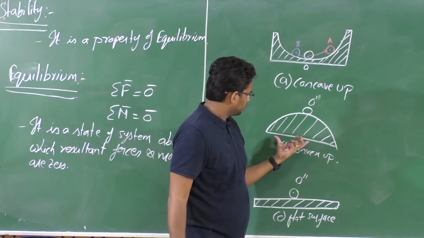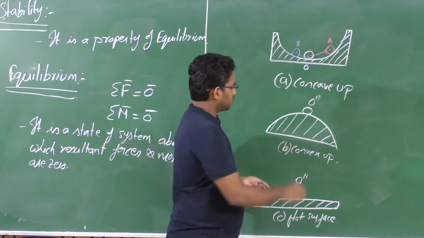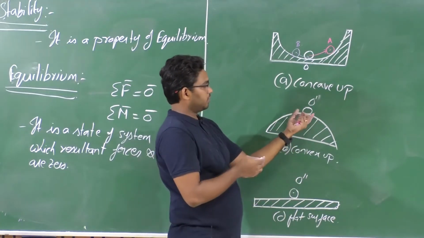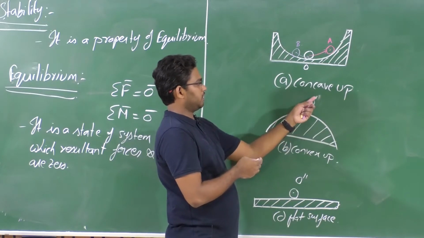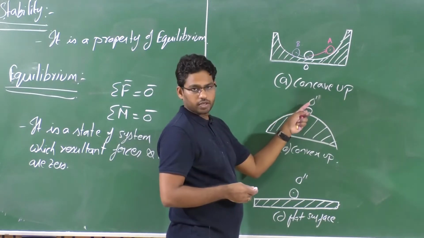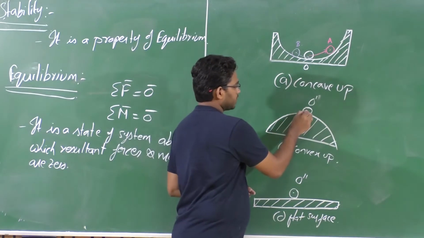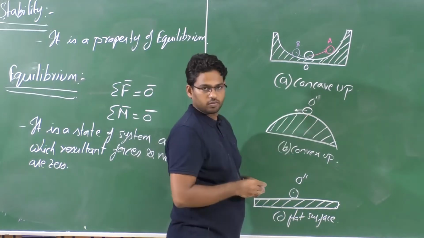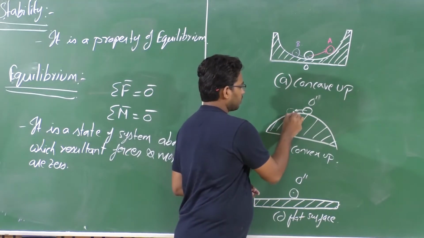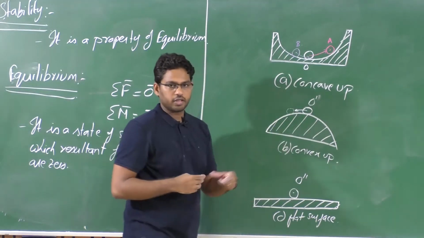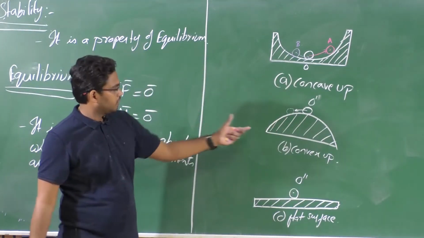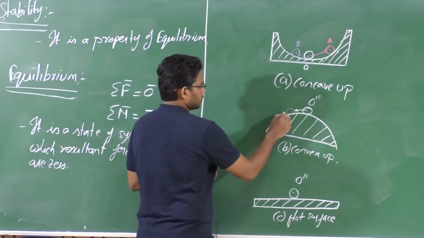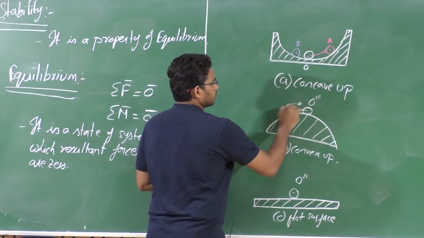So consider the second case. The ball is at equilibrium, which is O prime here. When you displace this ball, it will try to roll down the surface. It will try to move off the surface completely, so it may not come back to O prime.